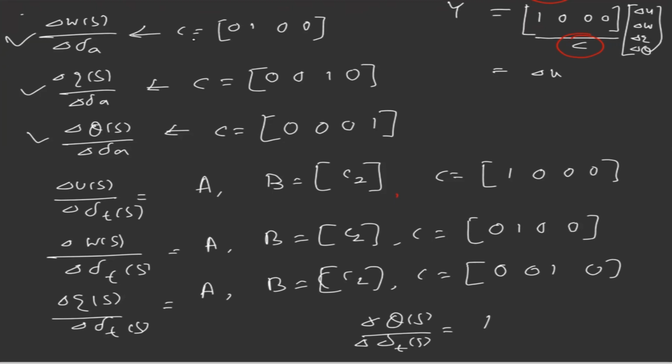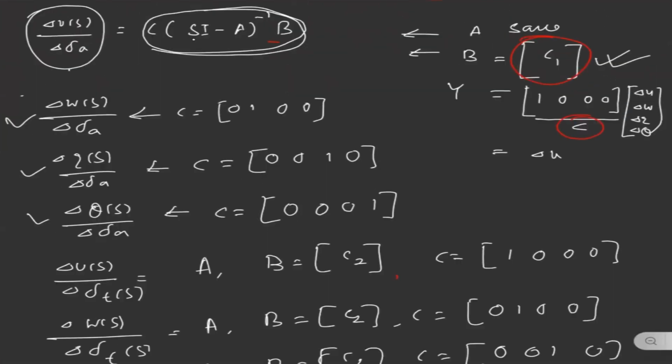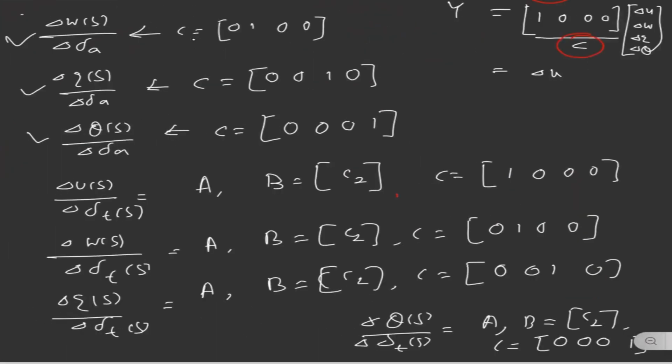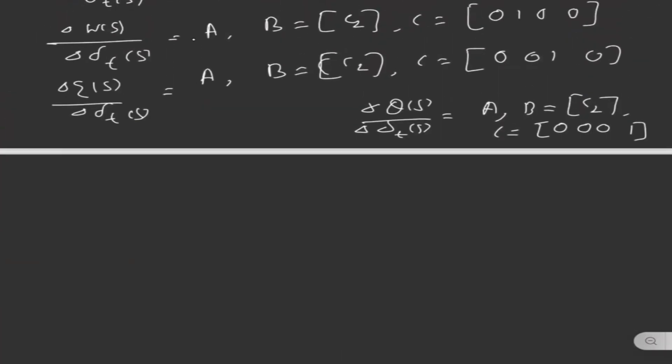And in this case A will be the same, B will be the C2 column, and C will be 0 0 0 1. So this is how we can find the transfer functions of all the states with respect to different control inputs.